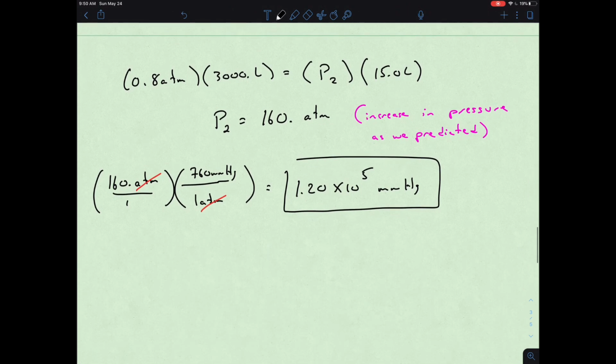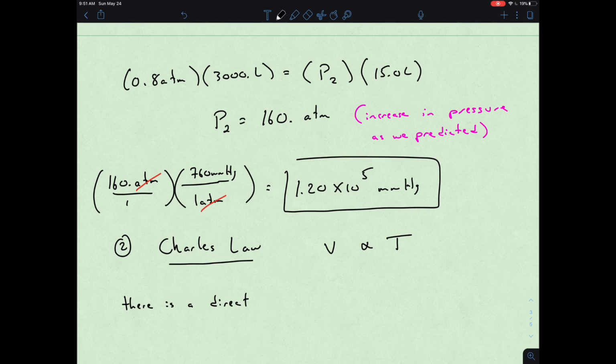The next law is Charles' law. And Charles' law basically talks about a direct relationship between volume and temperature. But we have to remember to keep the other things constant.